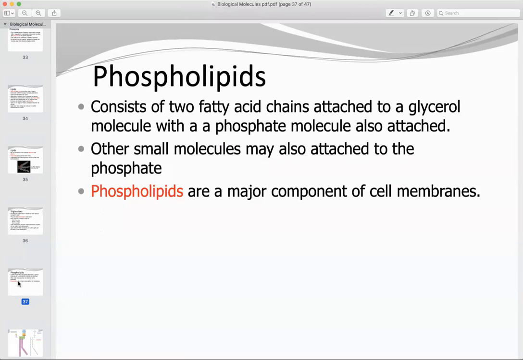Special type of lipid here I mentioned earlier are the phospholipids. All right, phospholipids are a major component of the cell membrane. Definitely jot that down. All right, we'll take a look at this phospholipid molecule a little bit more when we get into chapter 4, but right now, for the purpose of understanding the significance of these classes of biological molecules and the roles that they play, phospholipids make up our cell membrane, right?